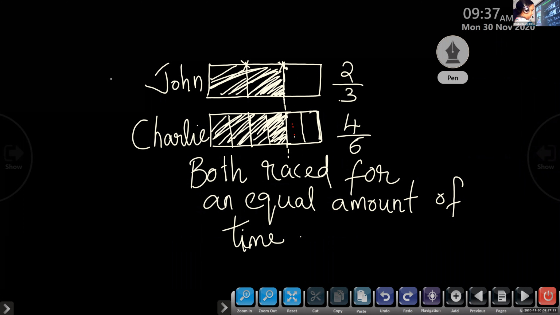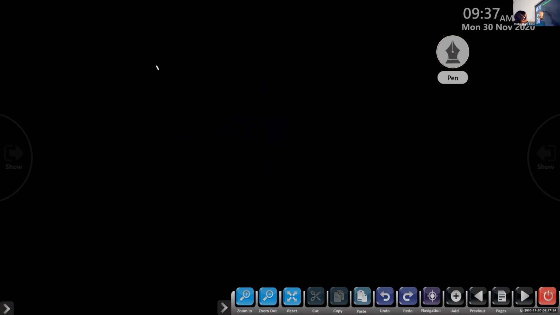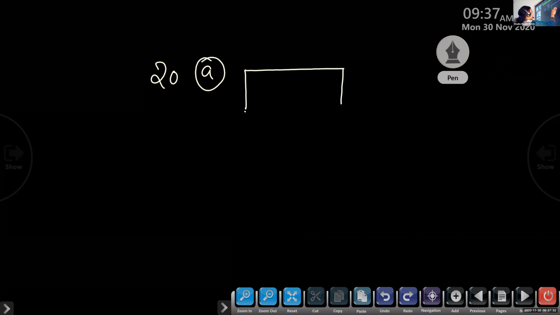Question number 20A. So it is given 2 shapes. Which are the 2 shapes? Rectangle and a circle. They are asking whether we can show 2 by 6. Yes, we can make it. How?